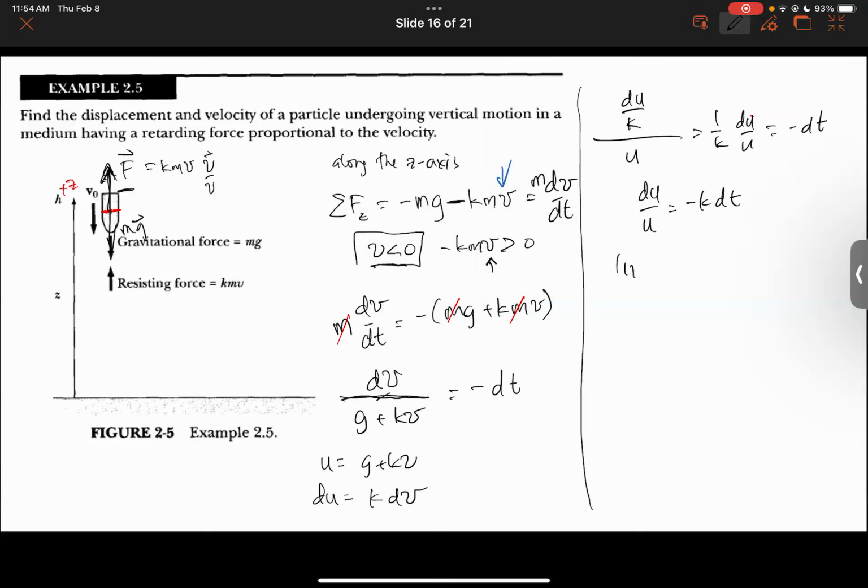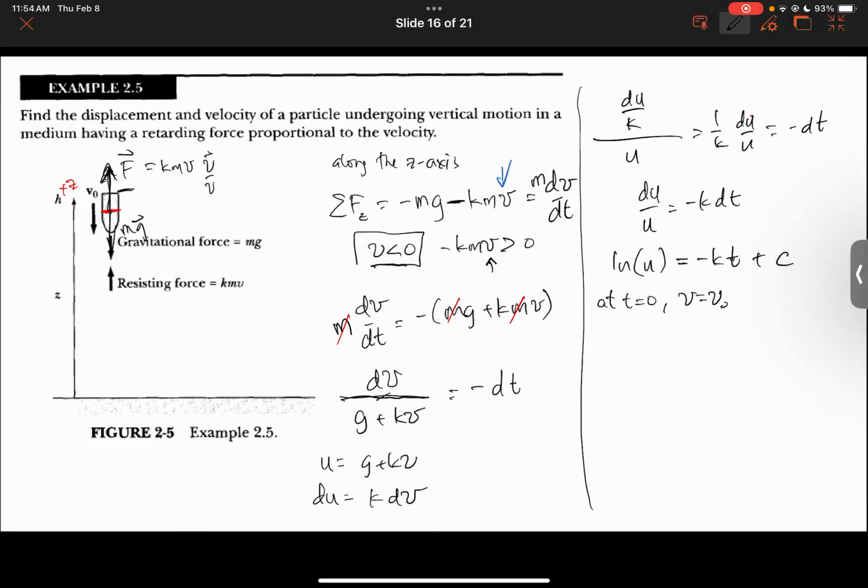So, ln ng u is equal to minus kt plus some constant. Okay, anong magandang boundary conditions dito? We use the same initial conditions, na at t equals 0, ang v has its initial velocity v naught.